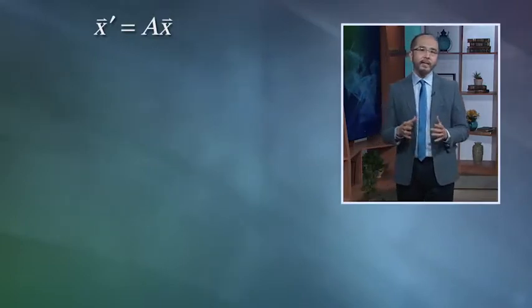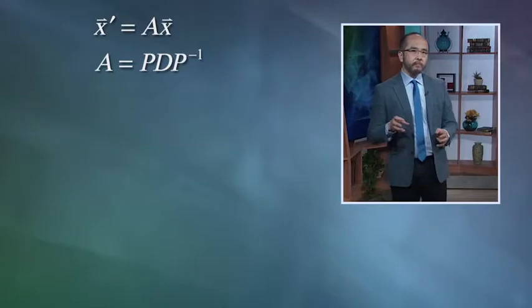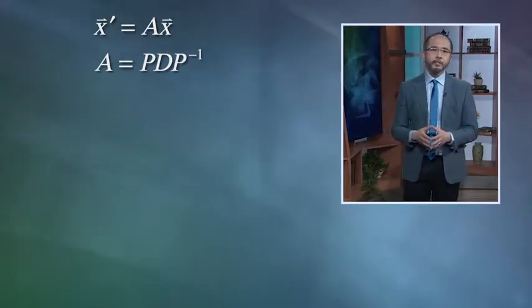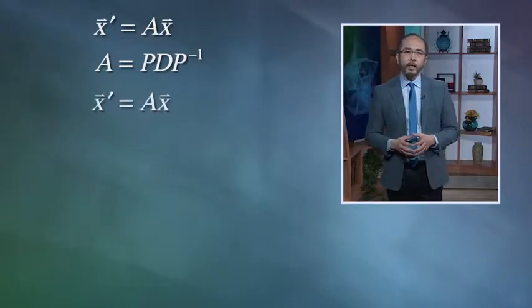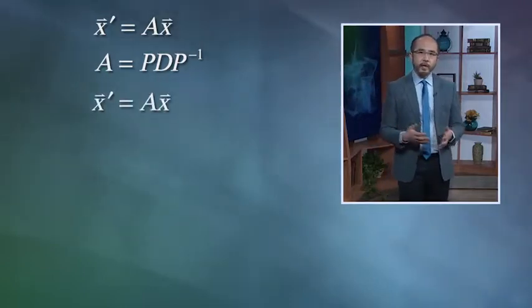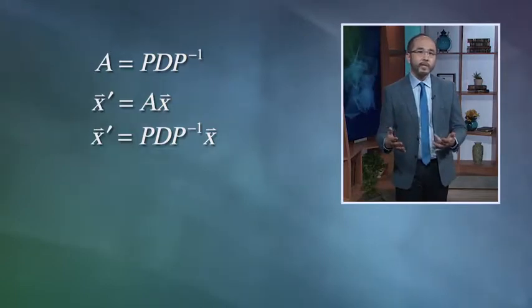So if A is diagonalizable, then we know A equals PDP inverse for some diagonal matrix D and invertible matrix P. So x prime equals Ax becomes x prime equals PDP inverse times x.